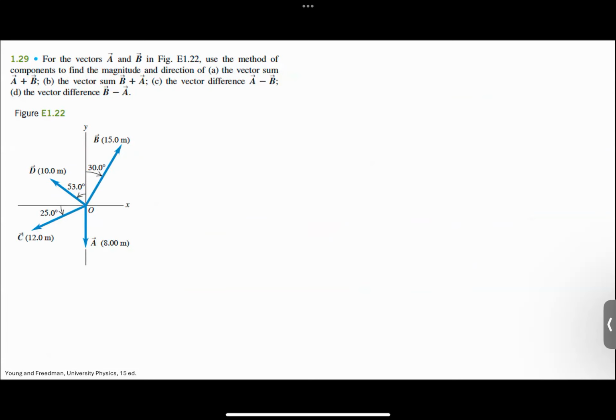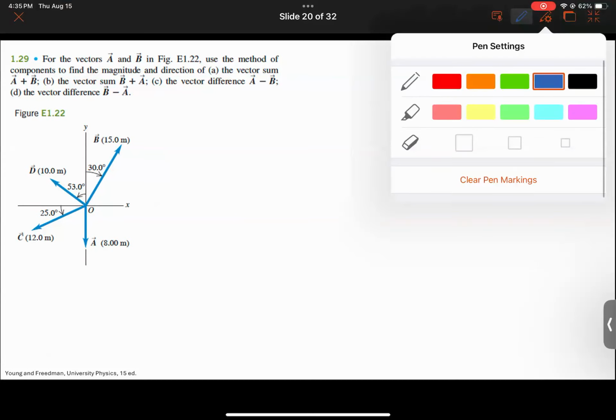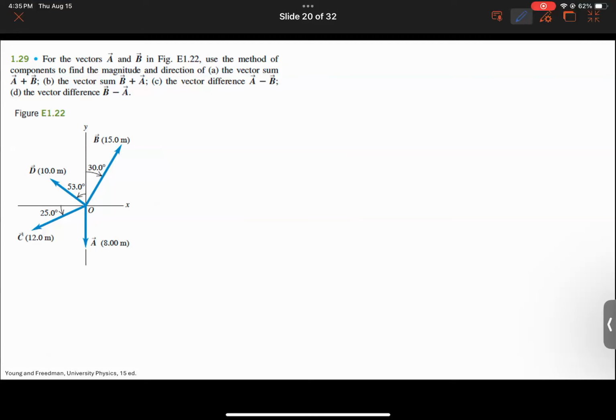Now, use the same figure. In this case, ang gagawin natin is we use the unit vector notation. So it's the same problem basically, pero we are going to use the unit vector notation instead.